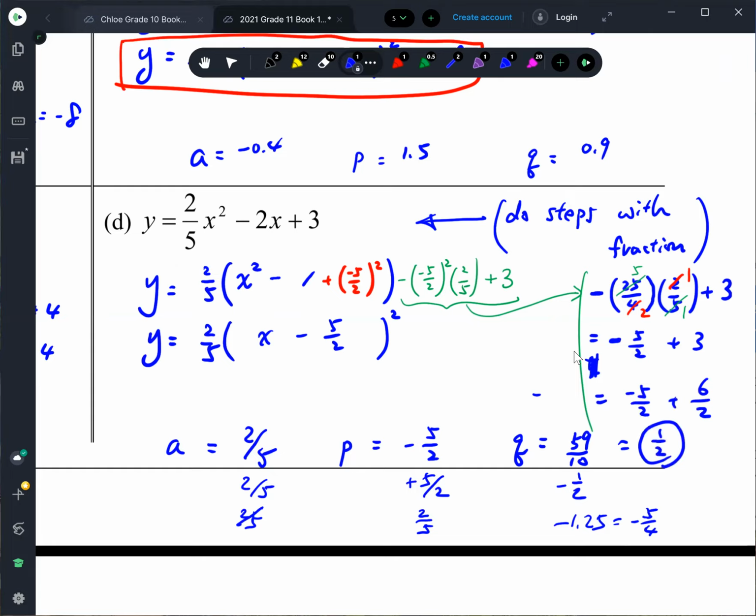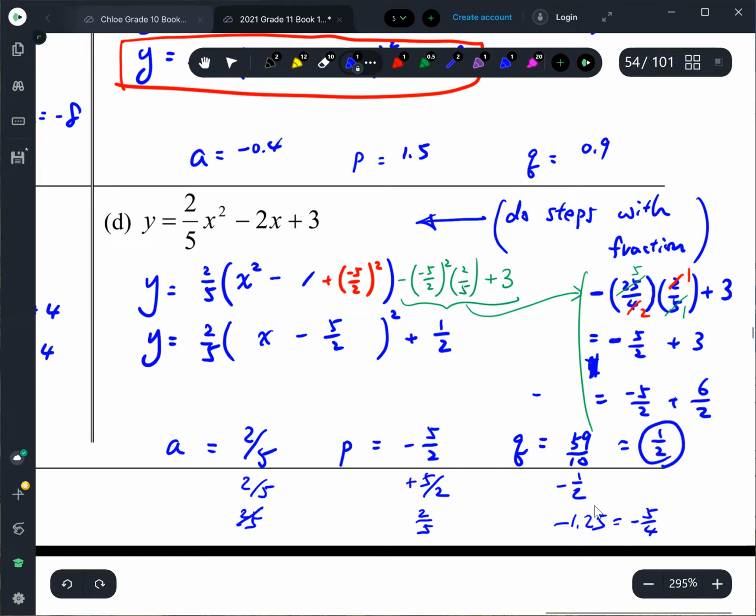So your Q should be 1/2. All right, so fractions make everything much more interesting. Okay, so our Q should be 1/2. And P is 5/2.